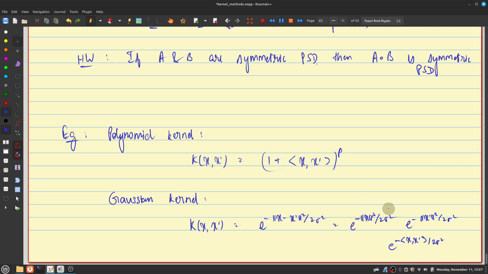First, is the product of these two a PDS kernel? It is, because this is simply f of x, this is f of x prime, where f is some arbitrary function. So the product of these is also a PDS kernel. If I'm able to show that the remaining factor is a PDS kernel, then the product of this and this should also be a PDS kernel, correct?